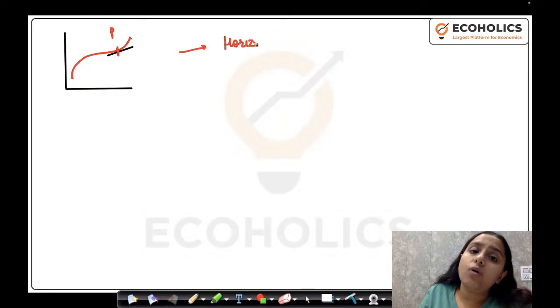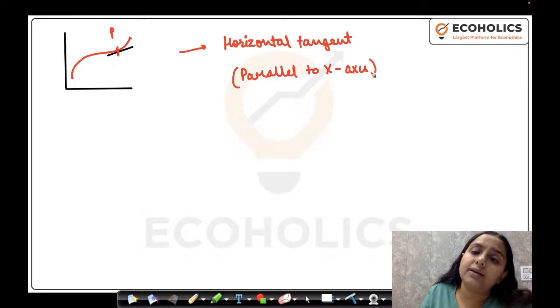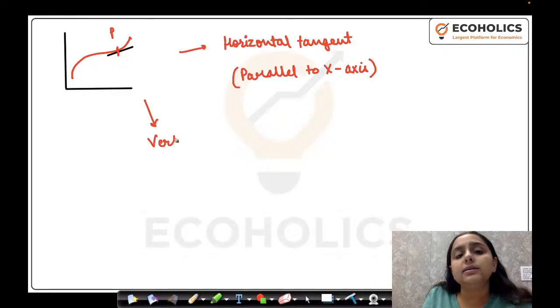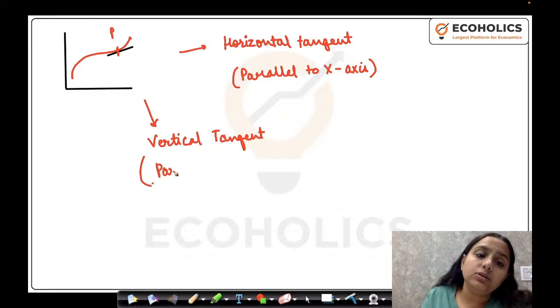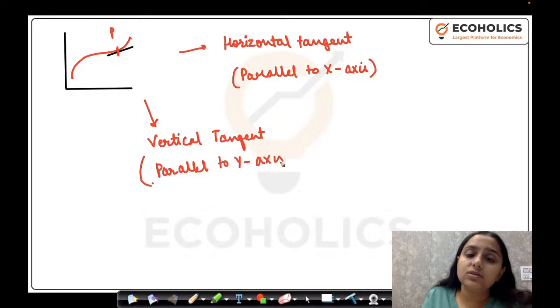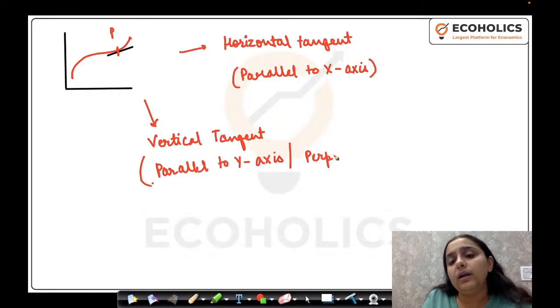When I have a horizontal tangent, that means parallel to x-axis. The other case is that of a vertical tangent, which is parallel to y-axis, or you can say perpendicular to x-axis.